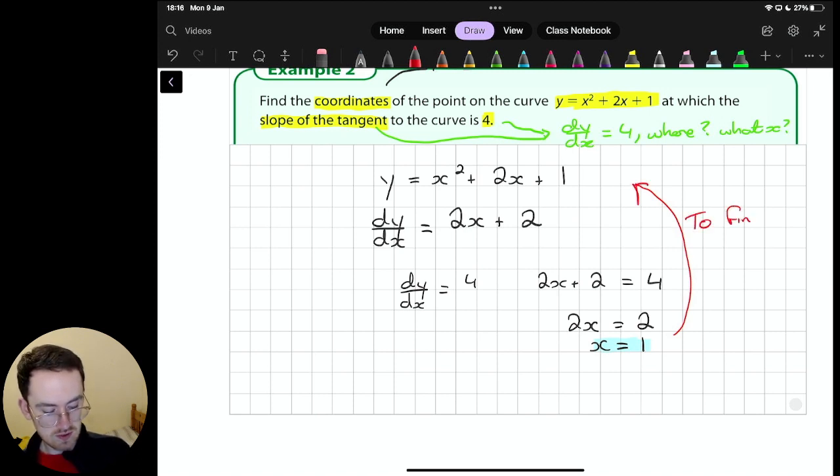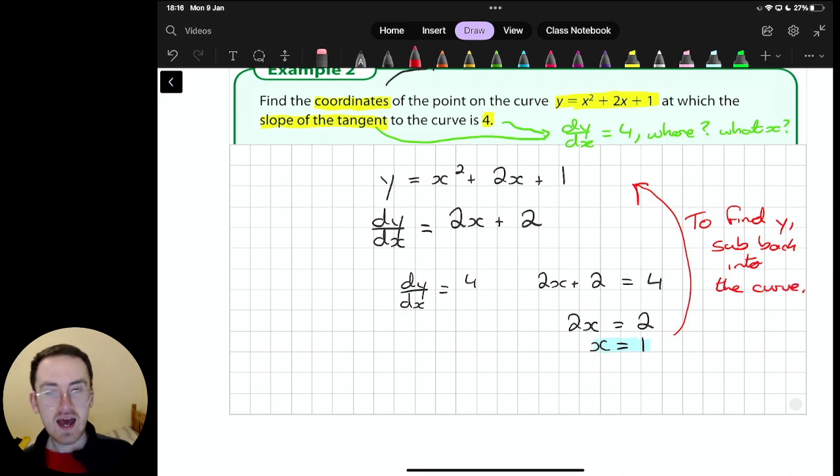So to make a note of that for ourselves: to find y, sub back into the curve. The reason we don't sub back into dy dx is that it is the equation for the slope. That is our general form of the slope of the tangent to this curve at any particular point x. But subbing back into the curve will give us the y value that goes with this x value of 1 for a point that's on the curve.